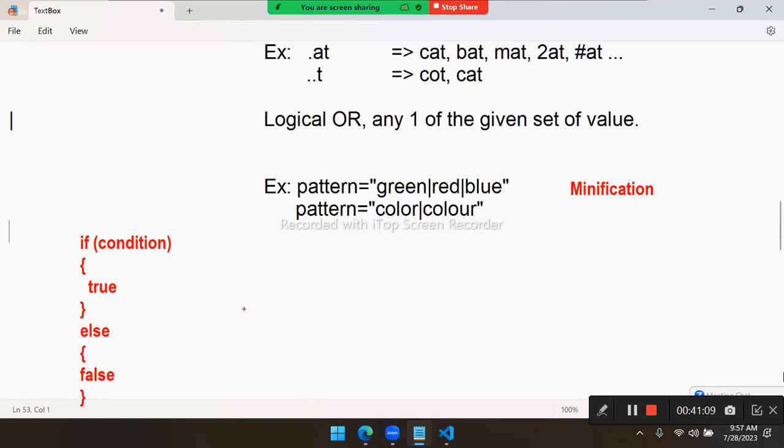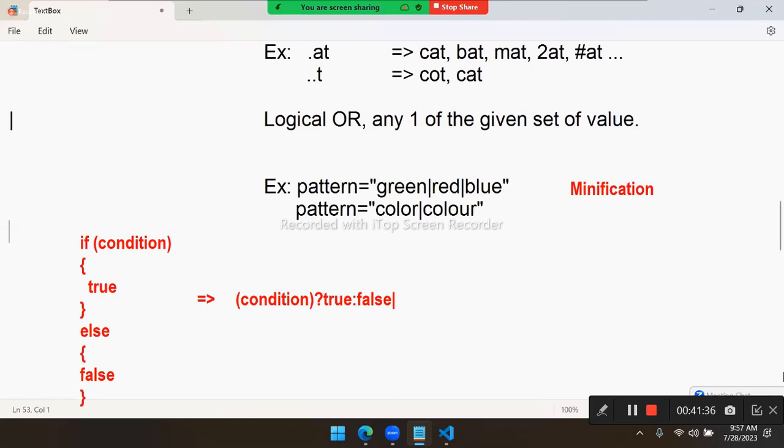Actually, this is having some 7-8 lines of code. What is the minification code for this? We can write a condition and question mark true and colon false. This is minified code. Both are same. If you know computer programming, both are same.